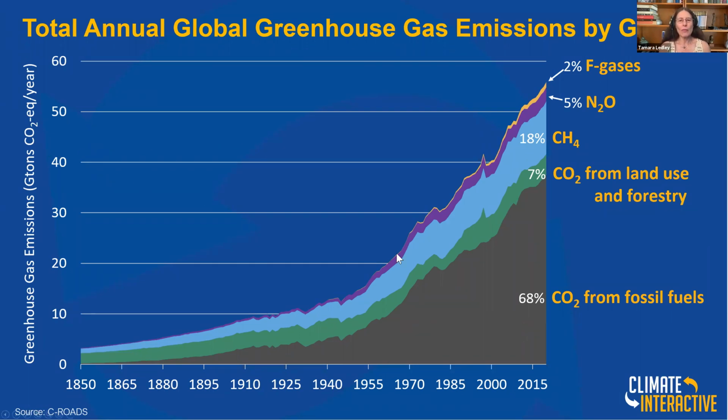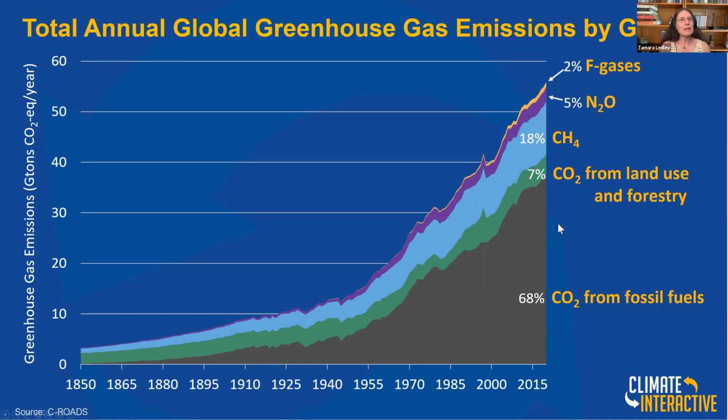And so in order to make this graph, they've put an equivalence of this much methane is the equivalent of 18% of all of the greenhouse gas emissions in terms of its power compared to carbon dioxide.